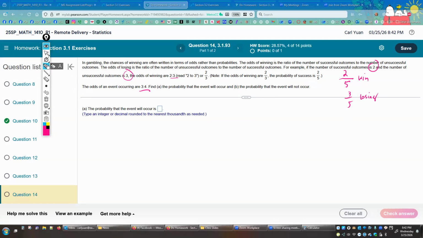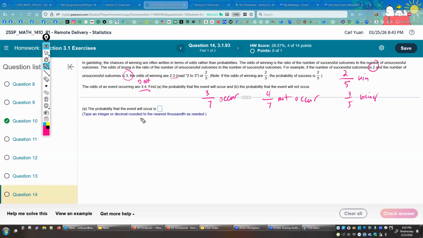So 3 is occurring, 4 is not, and the total possibilities would be 3 plus 4, which is 7. So 3 out of 7 is going to occur, 4 out of 7 not occur.